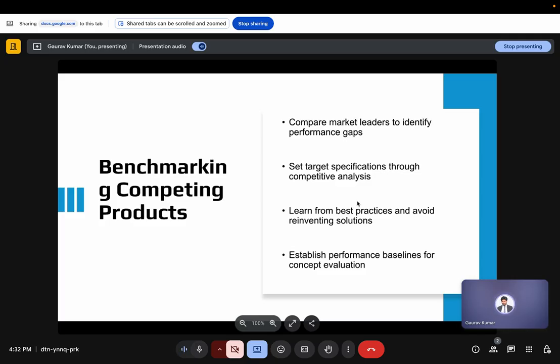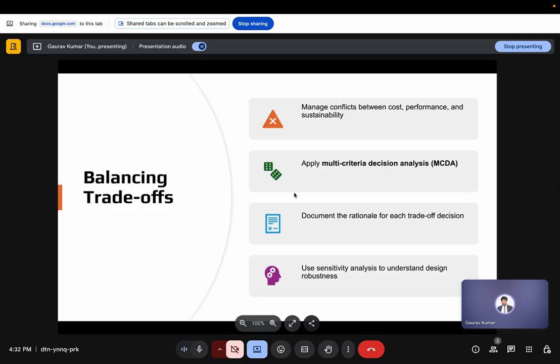Now we are moving towards the next slide, which is balancing trade-offs. Design lives in trade-offs: performance versus cost, strength versus weight, and precision versus manufacturability. Compromises are inevitable. So MCDA, with weights and scores, formalizes the judgment.